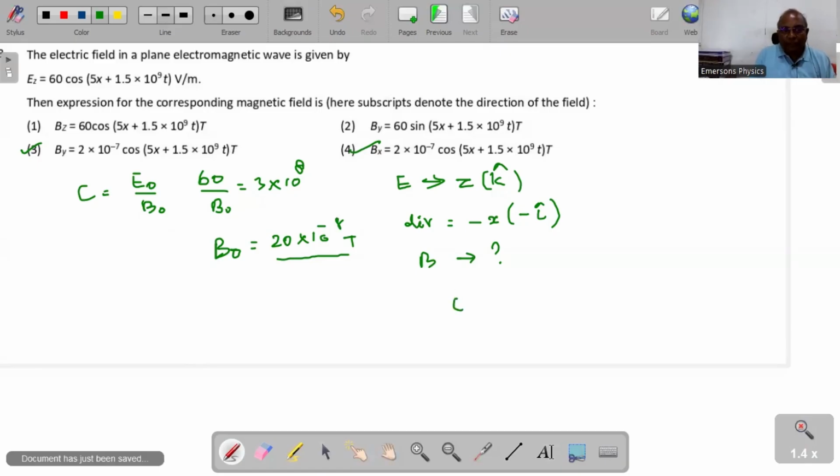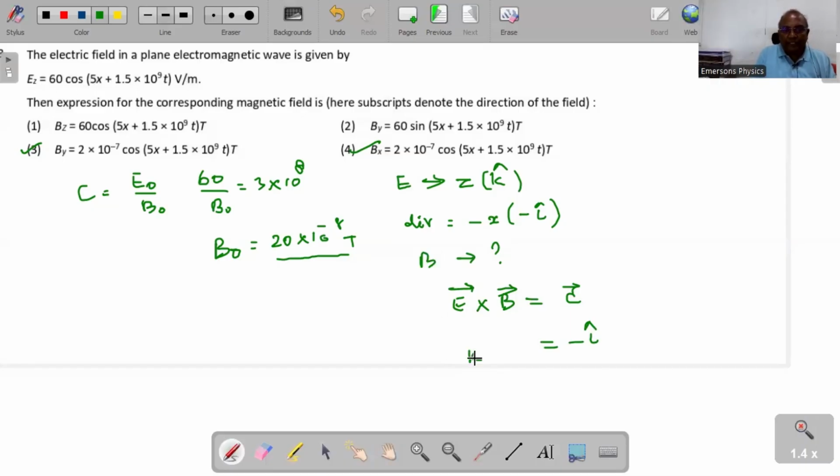Here we know about the direction. E cross B should be the direction of velocity. The given direction of velocity of light is minus i. Electric field is in the z-axis.